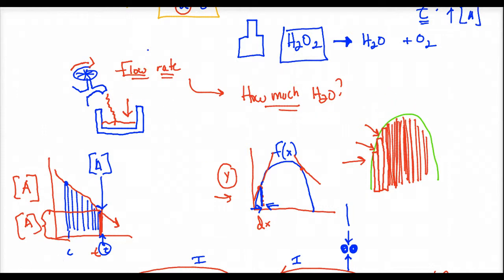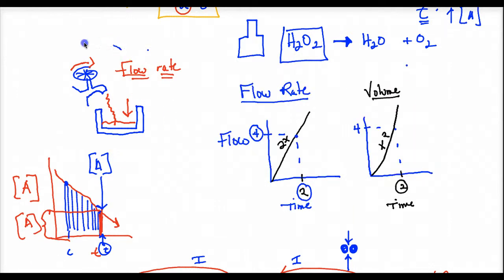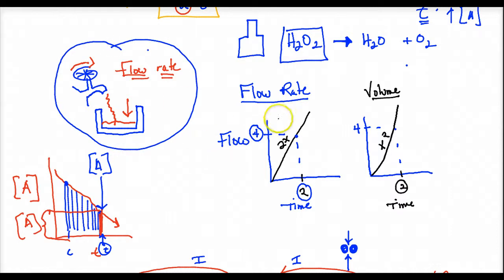If we get back to my flow of the water analogy, which is not mine, by the way, very famous, the flow rate is the rate of change. And if you say the flow rate, let's say it's 2x. That's the flow rate, and that's the slope. So at a time of 2, the rate of flow, or the rate of reaction, is 4. If it becomes 3, then it becomes 6. So you can see my rate is not constant.